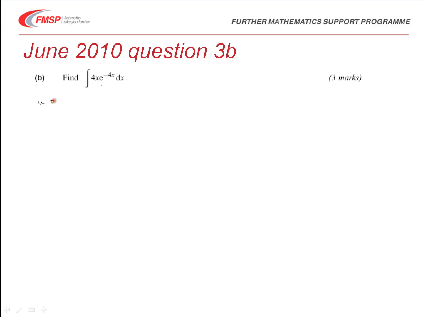We'll let u be equal to 4x, dv by dx will be equal to e to the minus 4x.